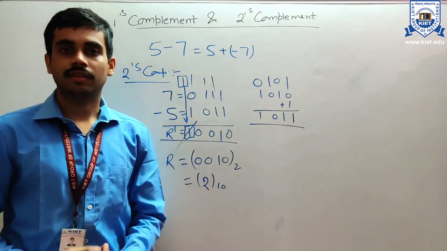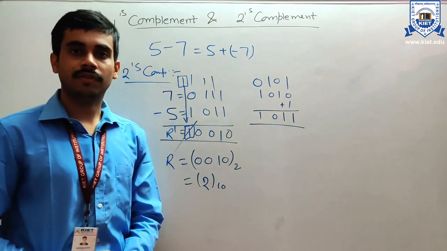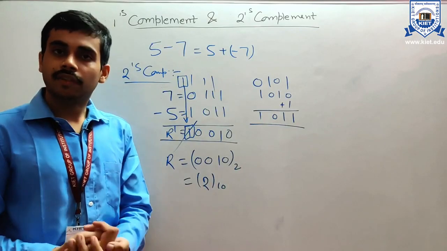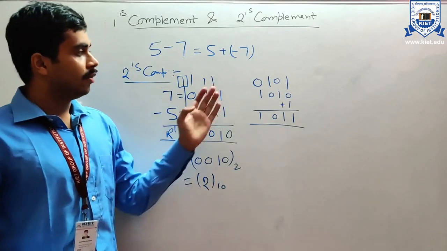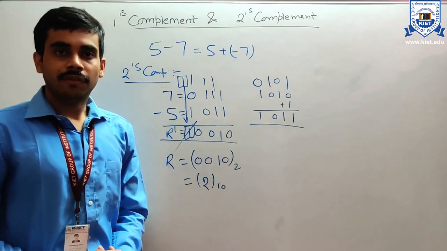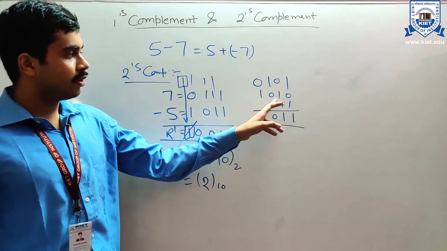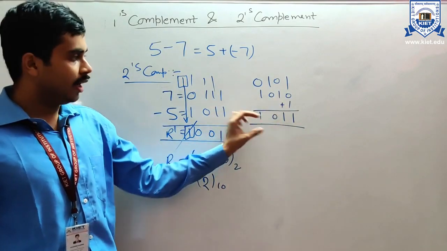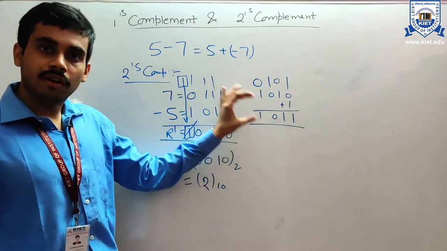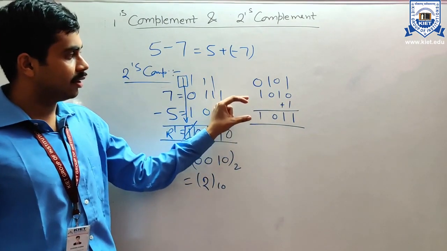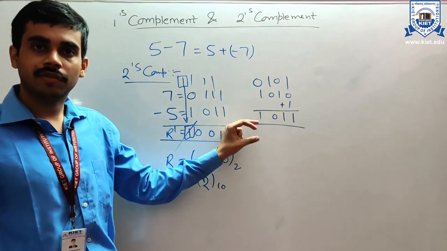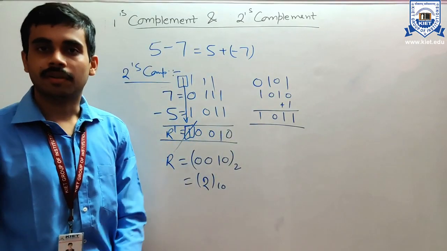So the negative equivalent of the positive number will be the 1's complement of that positive number. But in 2's complement we just add 1 to the 1's complement and we get the 2's complement. And now we say that the 2's complement of the positive number is the negative equivalent of that number.